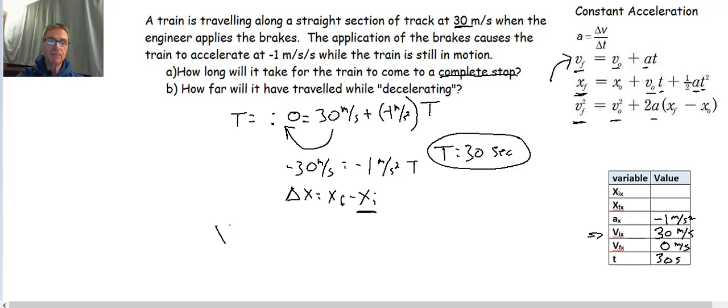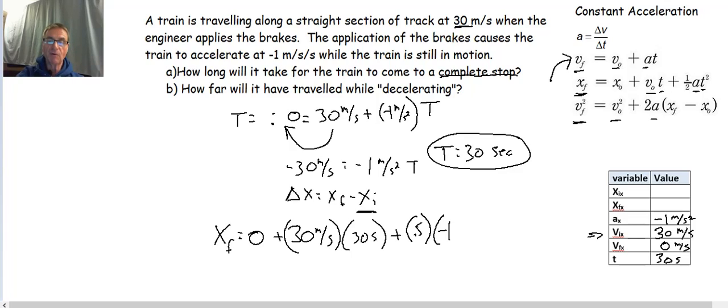So x final is going to equal 0, which is x initial, plus v0 times t. v0 is 30 meters per second times t, which is 30 seconds, plus a half at squared. So 0.5 times -1 meters per second squared times 30 seconds squared. When we do this math, 30 times 30 on this side is 900 meters.